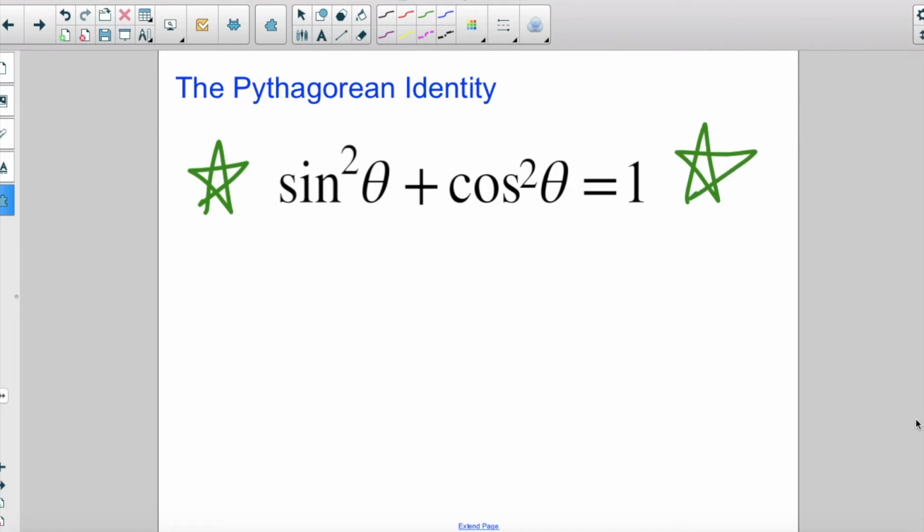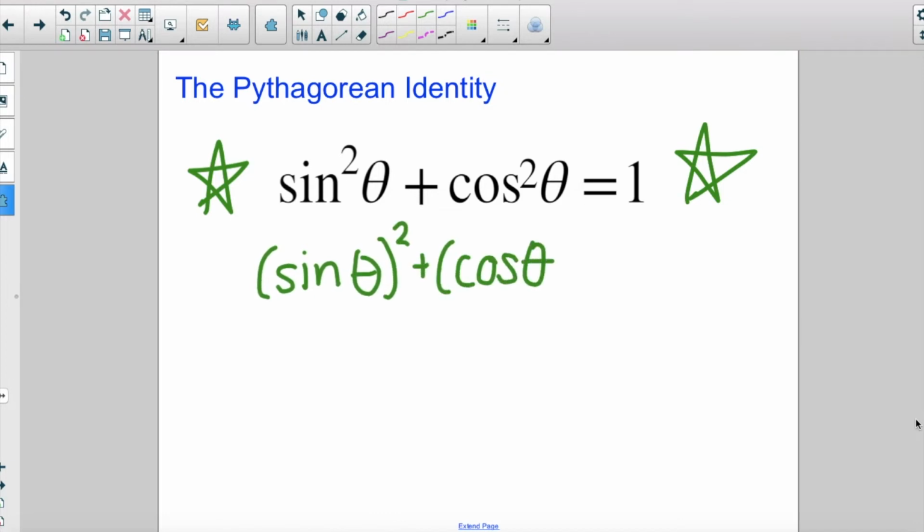Usually questions do give you the identity, however, not all questions will. So you need to know that this is the Pythagorean identity. If you would prefer to write it with parentheses, such as sine theta squared plus cosine theta squared equals 1, you may do so. It is the same thing.